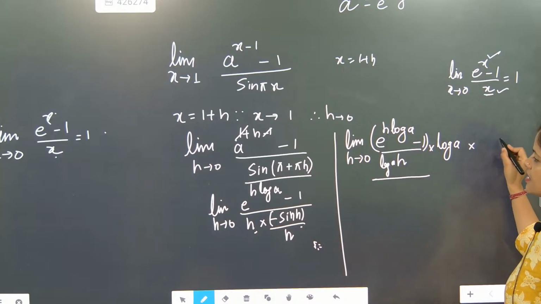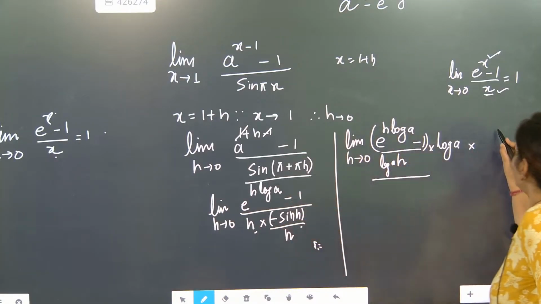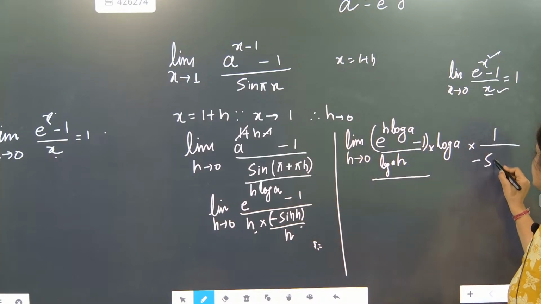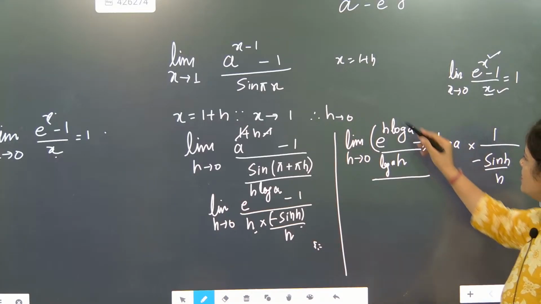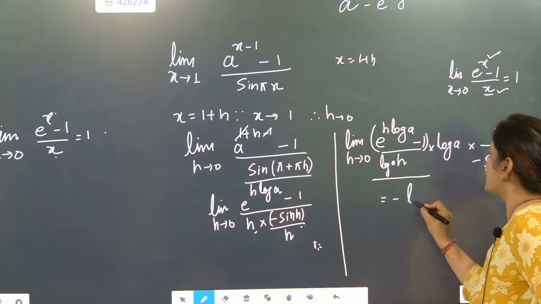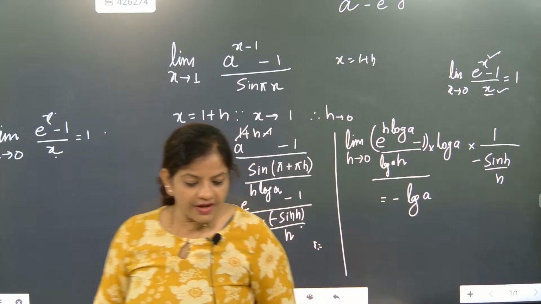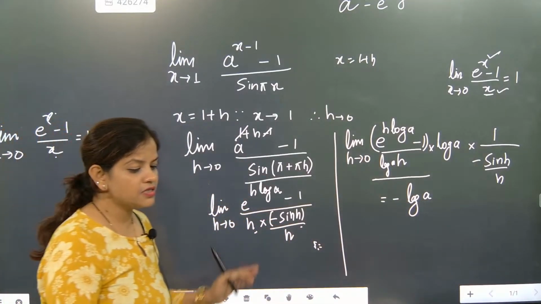No, we have taken it as 1 by minus sin h by h. Now sin h by h will become 1 and this will become 1. So the final answer will become minus log a. Understood? Final answer will become minus log a.